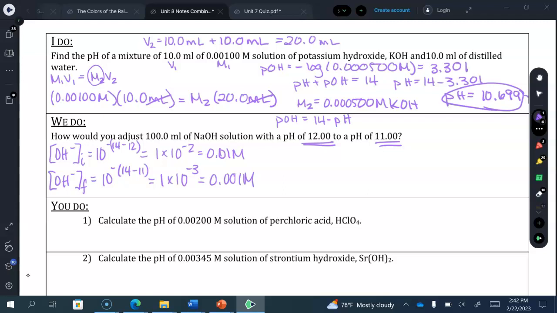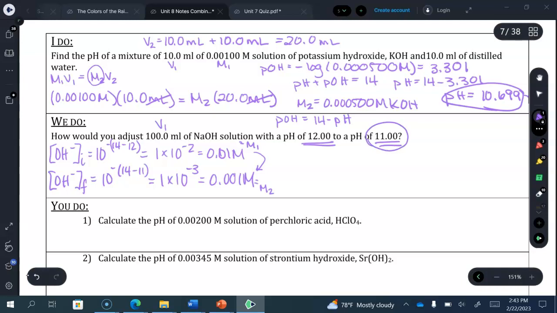Okay, so this is also another dilution equation because we want to go weaker. So we want to dilute this down. So our M1 is going to be our initial concentration. Our M2 is going to be our final concentration. And our V1 is going to be our initial volume. We want to figure out what our final volume needs to be to adjust the concentration of the solution to this pH.